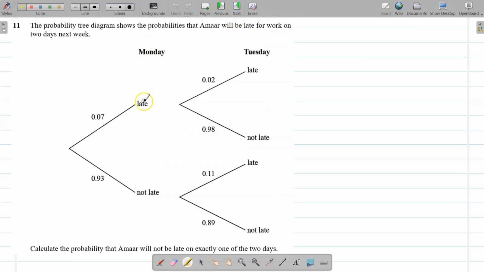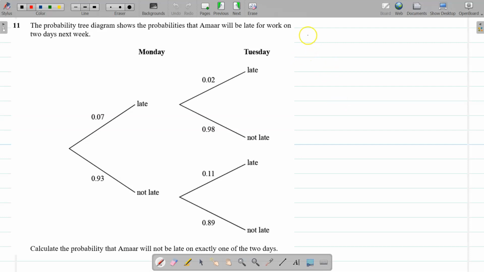Now, this is a probability tree with decimals on it, so it lends itself to the calculator. And basically calculate the probability that Amar will not be late on exactly one of the 2 days. So that means he can either be late on the first day and not late the second.